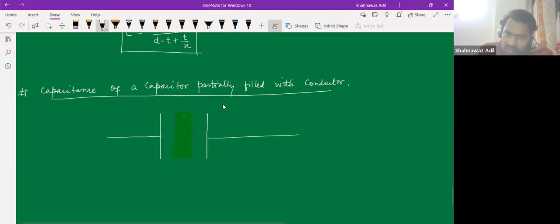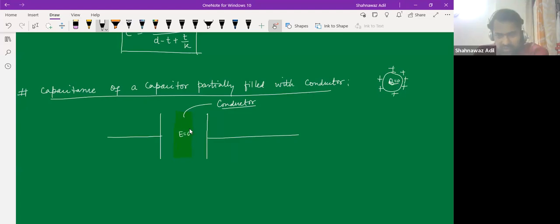And you tell me, inside the conductor, what is the electric field? For a conductor, all the charges reside on the surface. So inside, there is no charge. So if there is no charge inside, the electric field is zero inside the conductor, right?